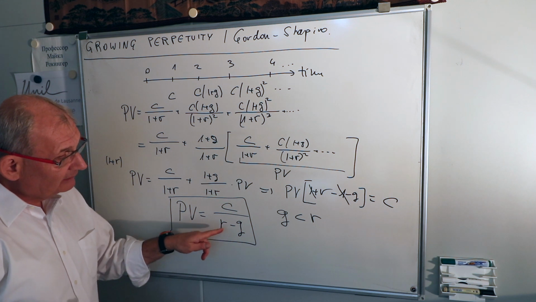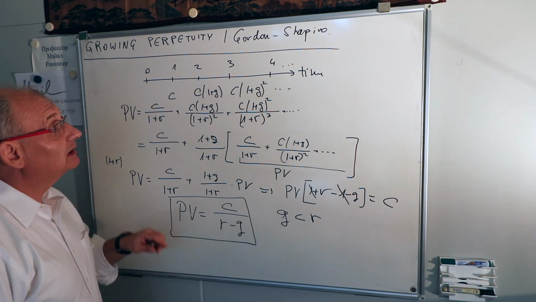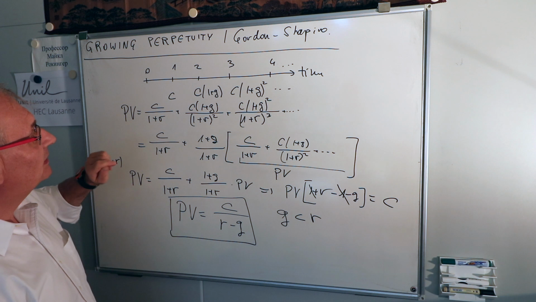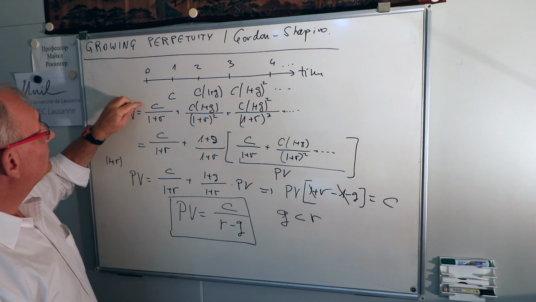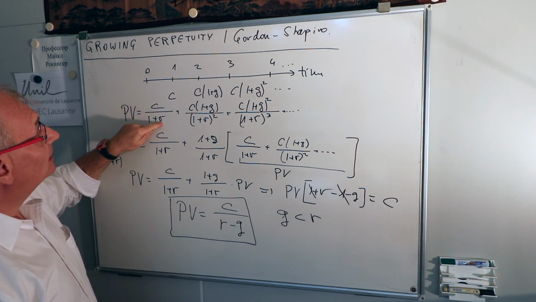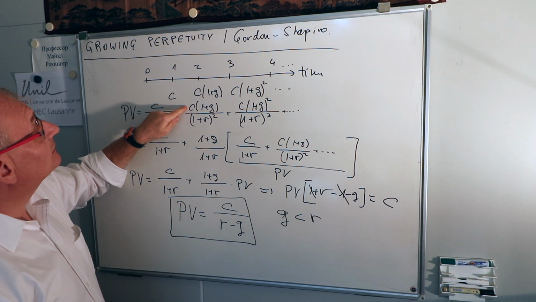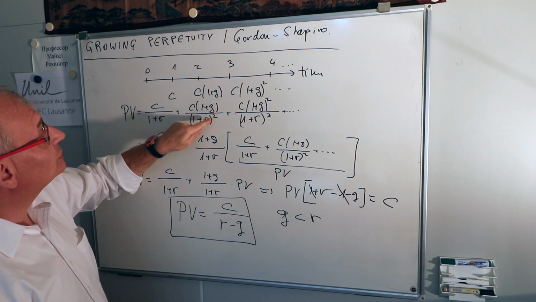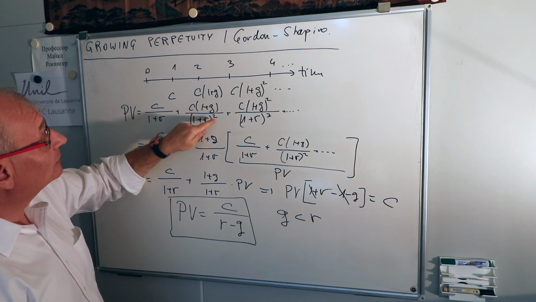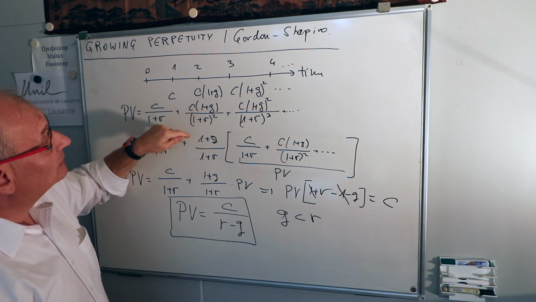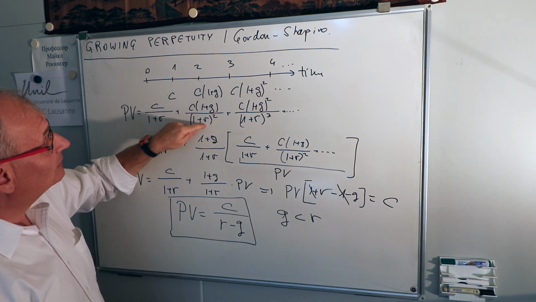If you have r strictly equal to g, in this case we have to go back to this formula, and we would have now c divided by 1 plus r, and then we would have here c divided by 1 plus g divided by 1 plus r squared. But g being equal to r, this is going to be c divided by 1 plus r.